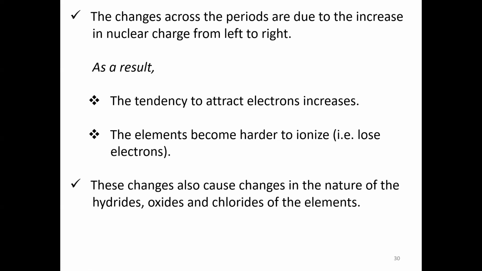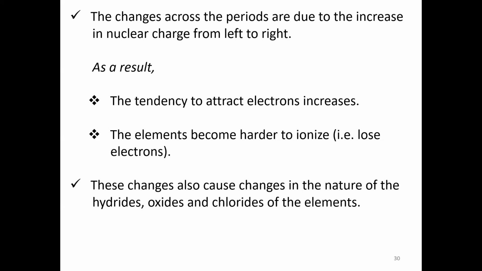And also across the period, the elements become harder to ionize. That means they become harder to lose electrons. As I told you, the metals have more tendency to lose, while the non-metals have more tendency to gain. As we go across the period, we are going from metallic to non-metal.